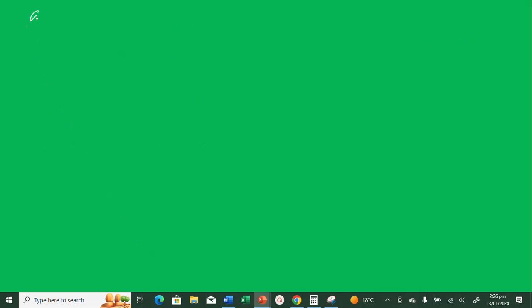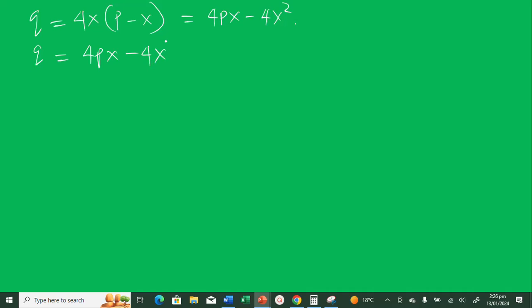If you open up this bracket, 4x times p gives 4px, and 4x times minus x gives minus 4x squared. So that means q is equal to 4px minus 4x squared.